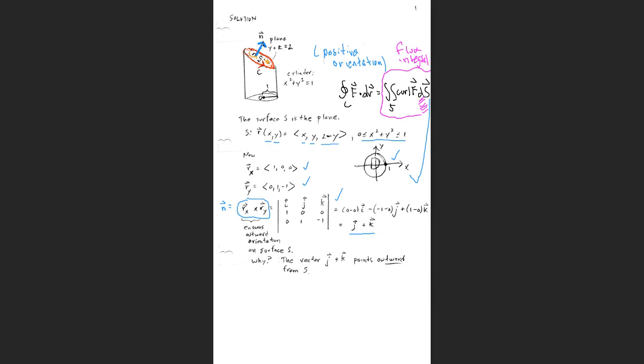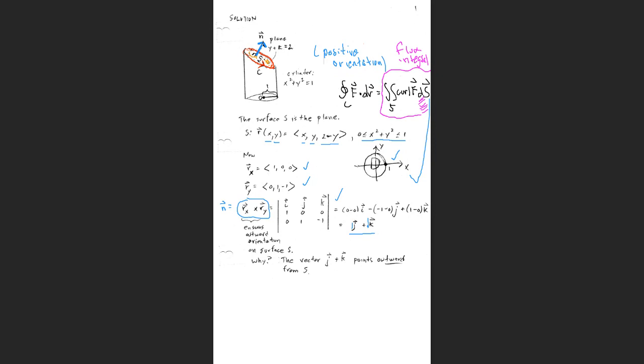So the coefficient of j would have to be positive, and the coefficient of k would have to be positive for the normal vector. In this case, you get a 1j plus a 1k. So yes, it works.